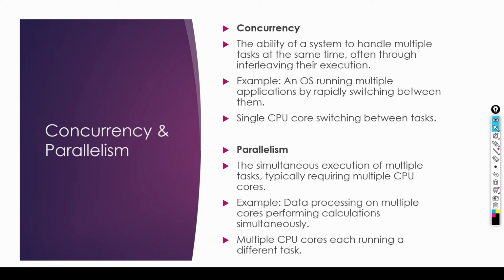So this is called parallelism. In concurrency, different tasks or different threads may or may not execute at the same time depending on the number of cores, but they are all running and they are all making progress. While in parallelism, because there are multiple CPU cores, they can run simultaneously, they can run in parallel.